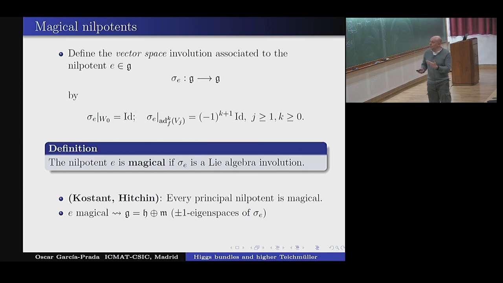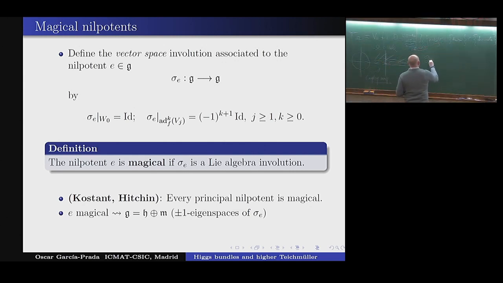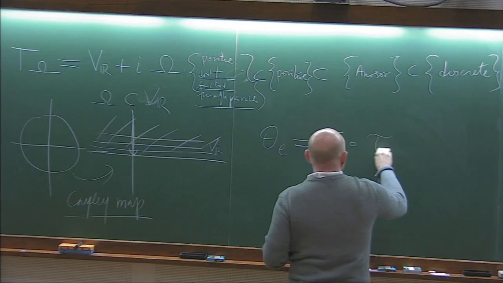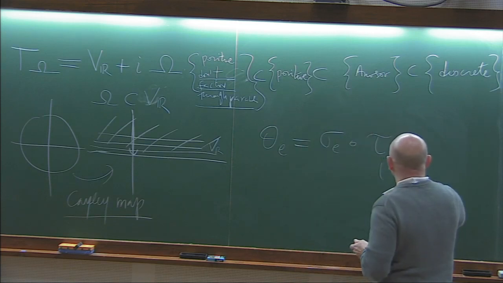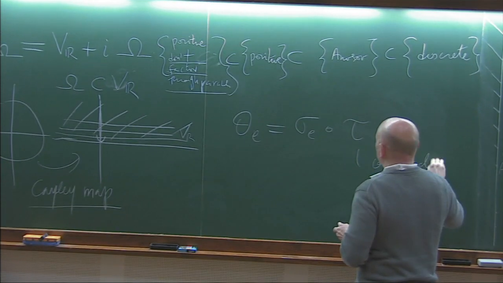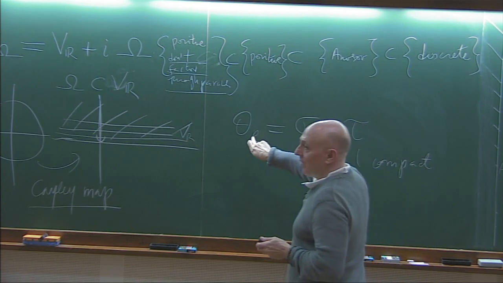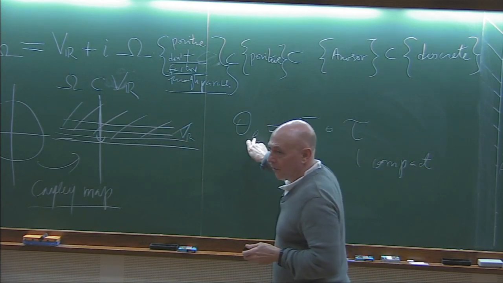Attached to a holomorphic involution like sigma E, you can choose a conjugation, an anti-holomorphic involution defining a compact real form that commutes with it. Cartan proved that it exists. Then you can define a theta E, which is sigma E composed with this tau that defines the compact real form, commuting with sigma E, and this is now anti-holomorphic.